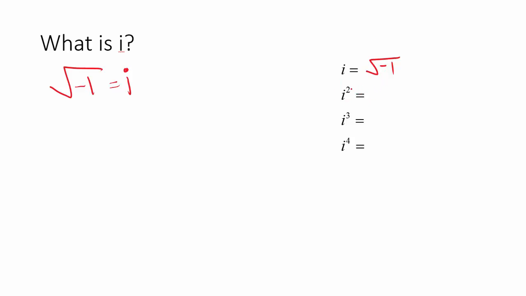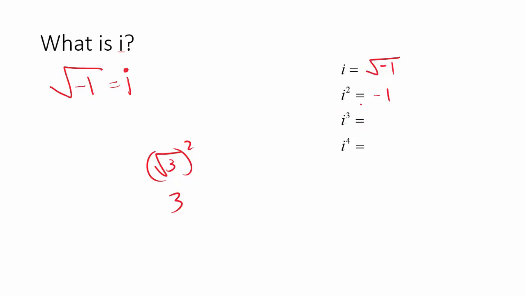Now, remember that anytime you square something, it's important to look at what a few different powers of i are. If you square anything that's square rooted, like for example, if I have the square root of 3 and I squared it, the radical would just cancel with the square and I'd get 3. So if I take i squared, that would cancel the radical and I would just be left with negative 1. So i squared is equal to negative 1.